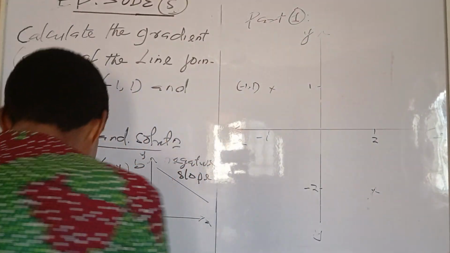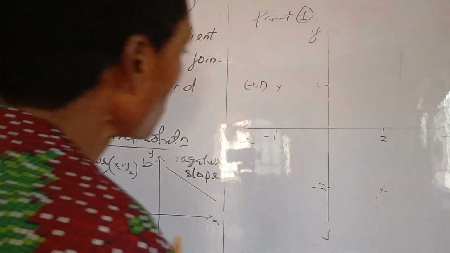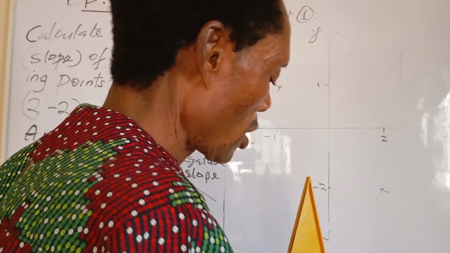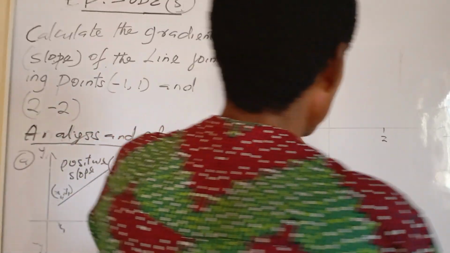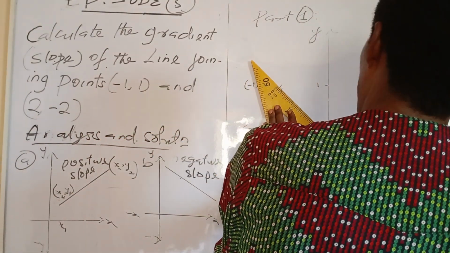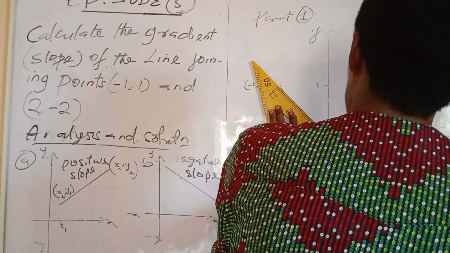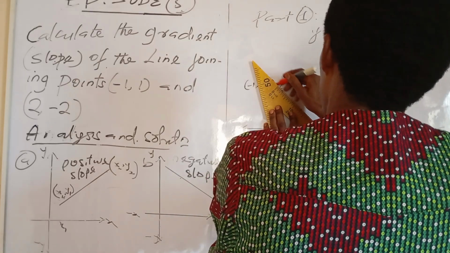So you use your ruler to join the line. You join the line.